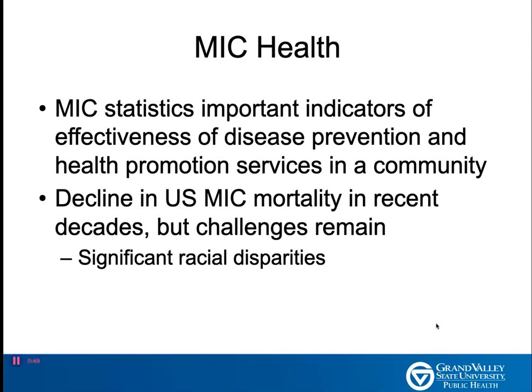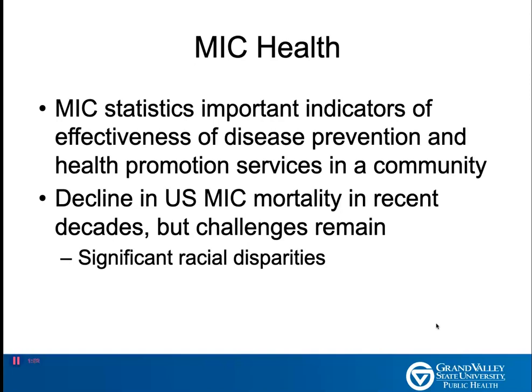I'm not going to go through all the statistics, but one of the things is that it's a racial disparity. The Black, Brown, and Hispanic communities tend to have high mortality and morbidity rates. So it's important to know where to get that data.